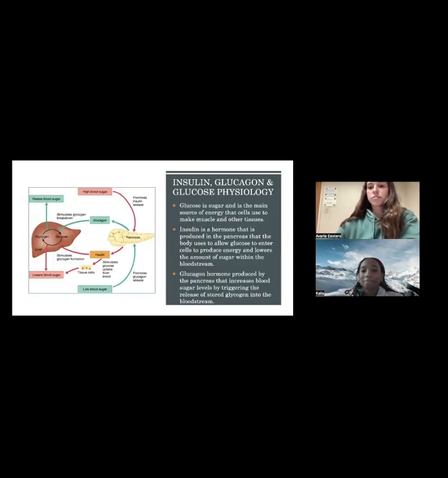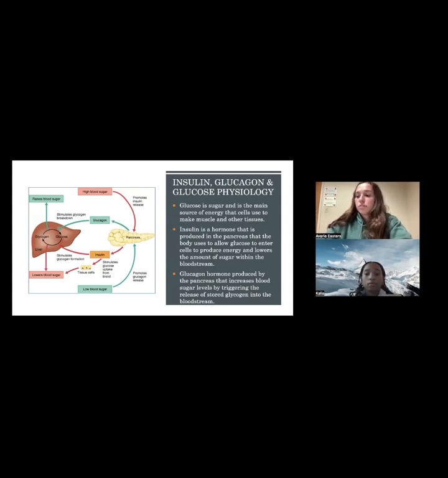To further understand what diabetes is, it is important to understand the basic physiology of insulin, glucose, and glucagon. So, glucose is the body's primary source of energy, and the body breaks down food into glucose to release it into the blood. Insulin is a hormone that helps glucose enter the cells and be used as energy.